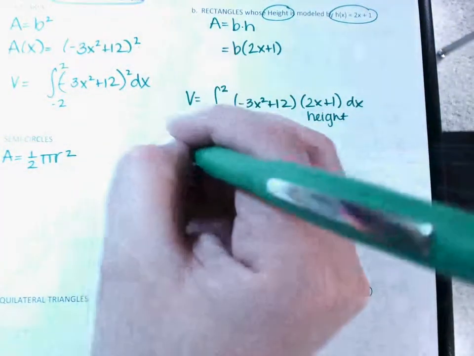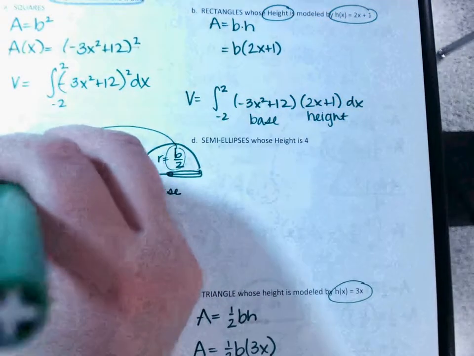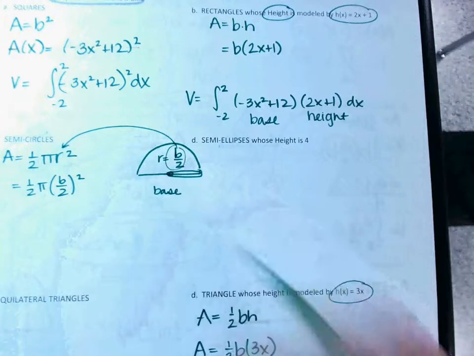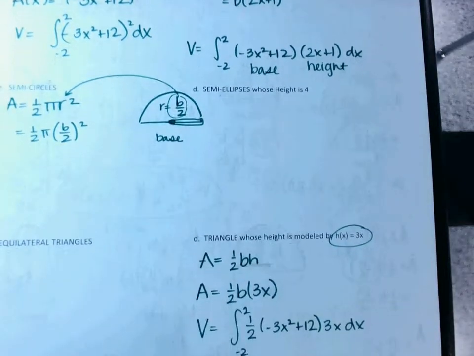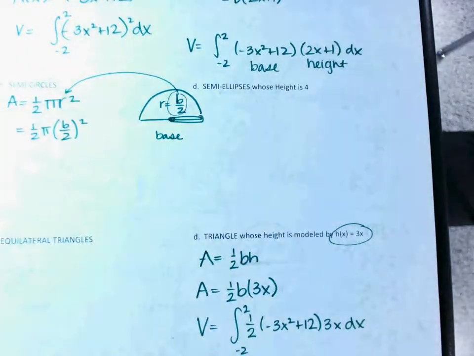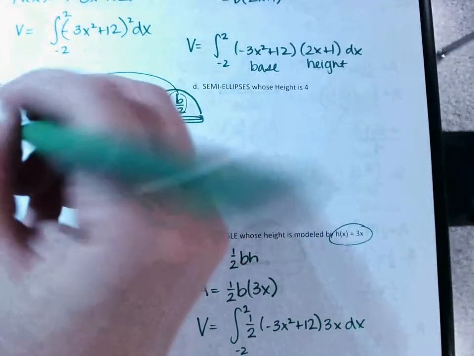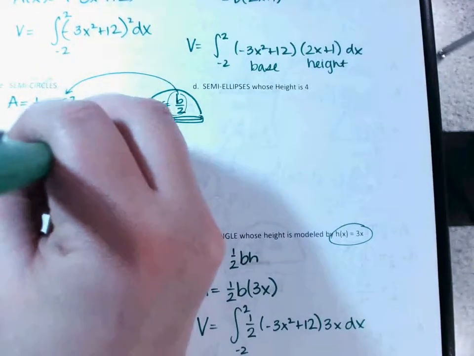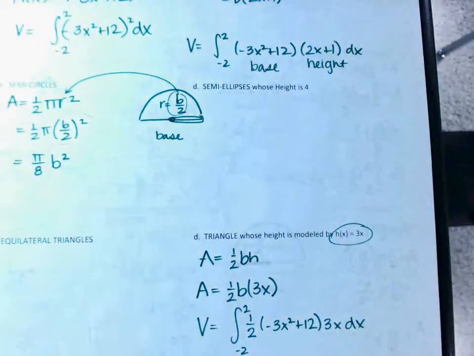When I plug that in, I rewrite my equation as 1/2 pi b over 2 squared. When I do the 2 squared on the bottom, that becomes a 4, and 4 times this 2 becomes an 8. So it's pi over 8 b squared.